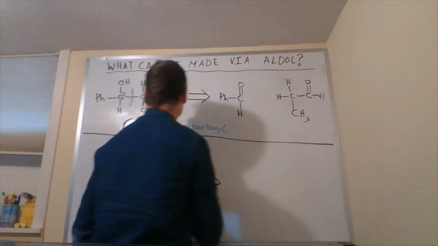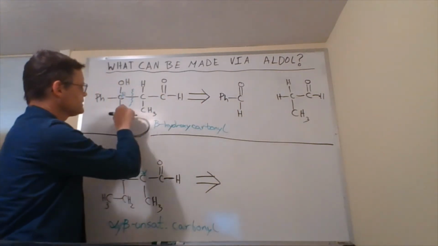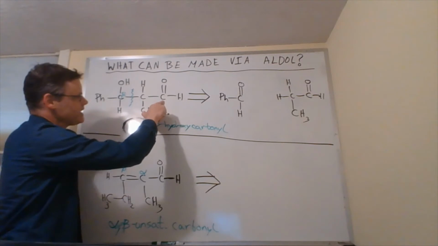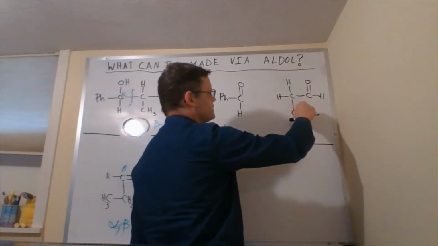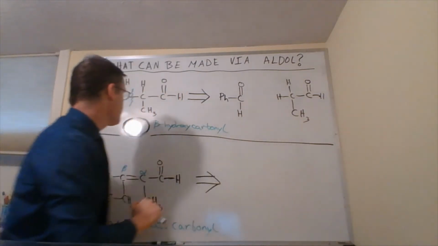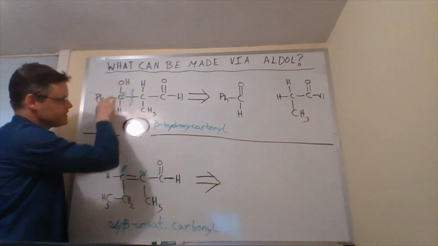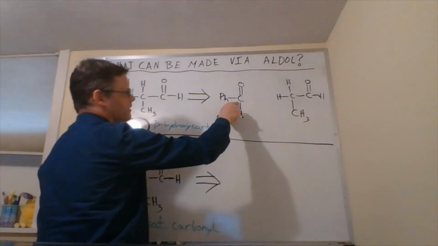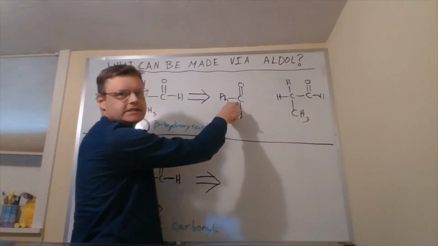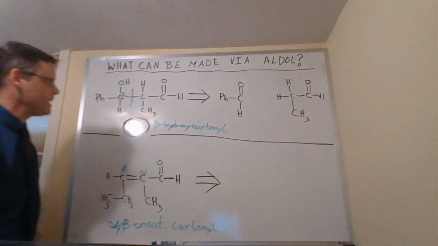And the way that works, if we look at this compound, the half of the molecule that has the carbonyl is going to be the half that was used to make an enolate, and the half that has the hydroxy group is going to be the half that came from our electrophile. Okay, that's how we think about that.